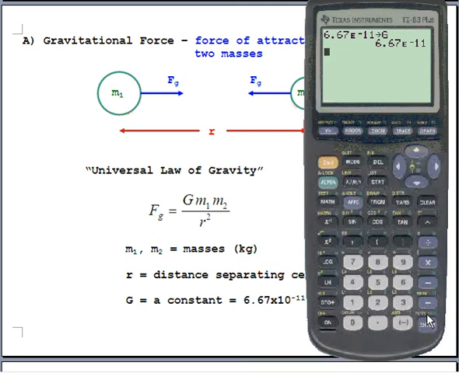That number is now locked in as the letter G. So when you go to type in an equation, you don't have to type the number as 6.67 second function E negative 11. You can actually just hit alpha G. And your calculator now knows that that letter, when you type it in, is worth that value. Pretty slick. It'll save you a little bit of time here and there.